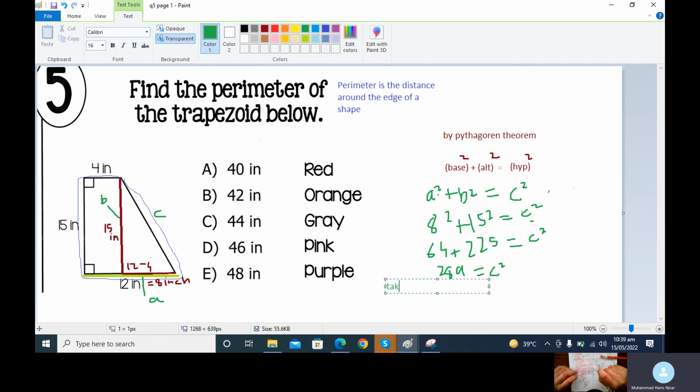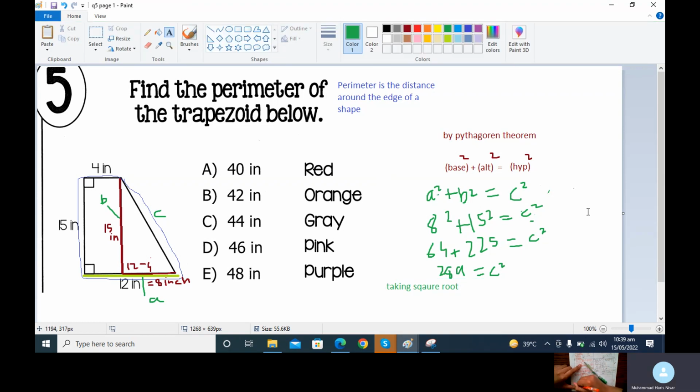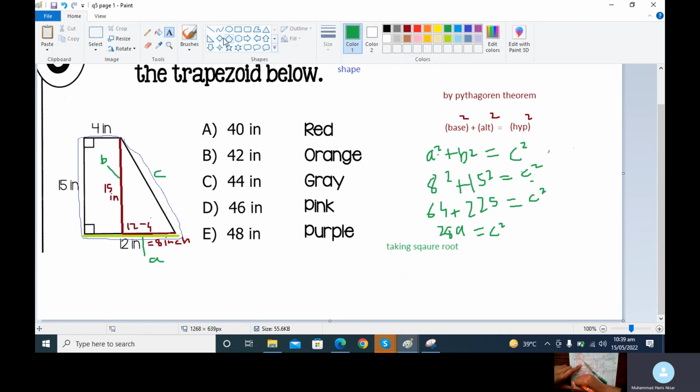Taking the square root of 289, c squared, so the square root of 289 equals 17. So c is equal to 17.